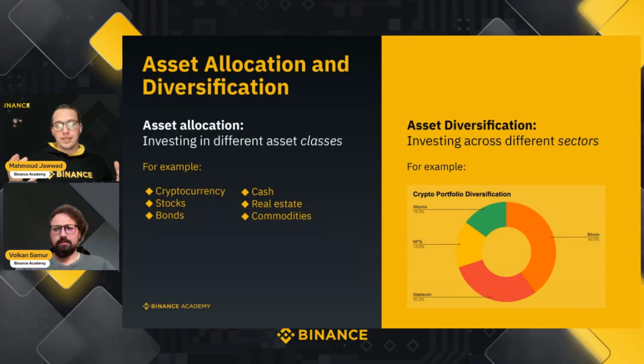For example, one way to allocate a portfolio could be 40% Bitcoin, 30% stable coins, 15% NFTs, and 15% altcoins. Just to flag here, obviously, I'm not telling you should do this. It's just an example on how you can structure or diversify your portfolio. It's important to note that diversification does not guarantee profits or protect against losses.